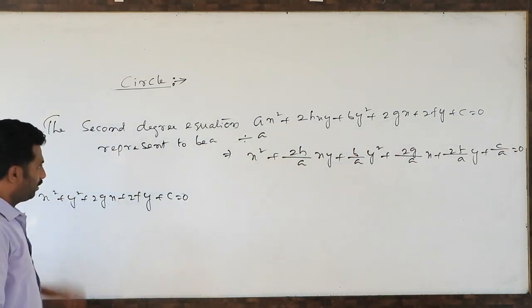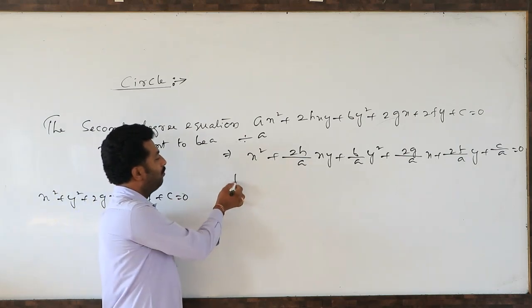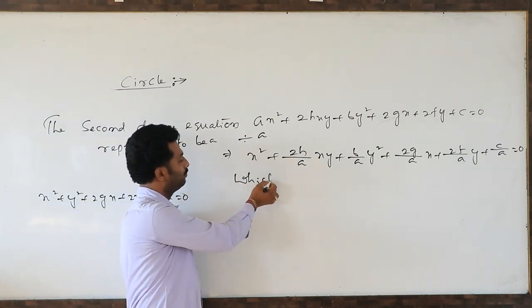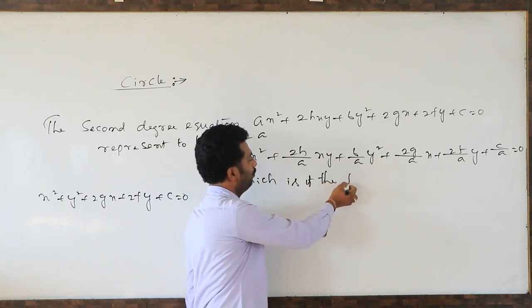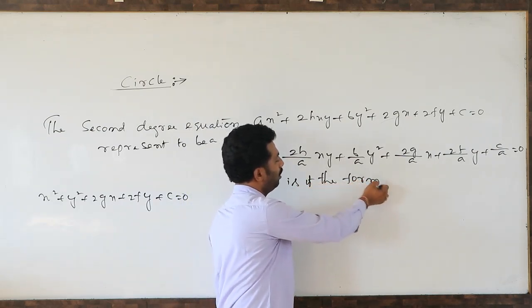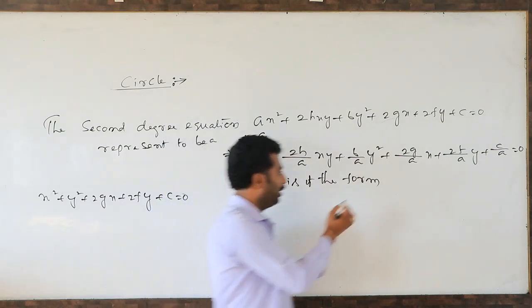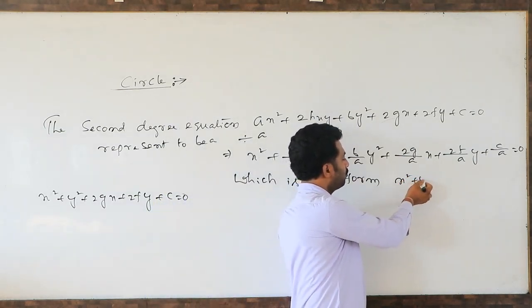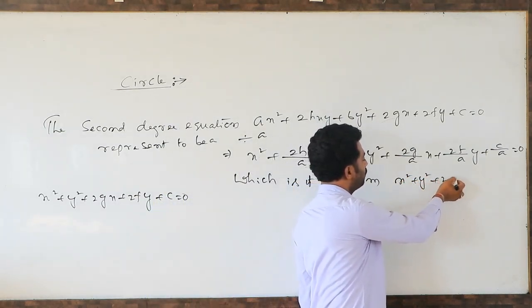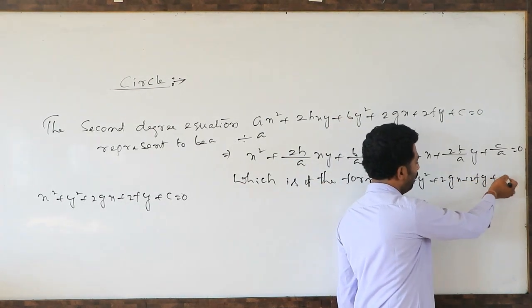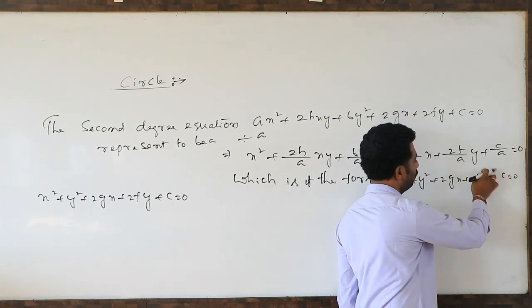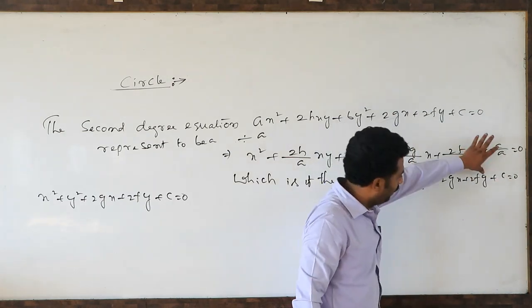Just to compare, which is of the form x square plus y square plus 2gx plus 2fy plus c equal to 0.